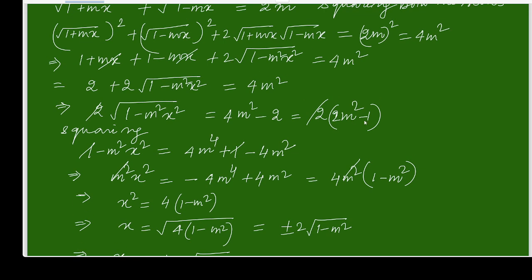This was the condition here. We got square root of 1 minus m square x square is equal to 2m square minus 1.